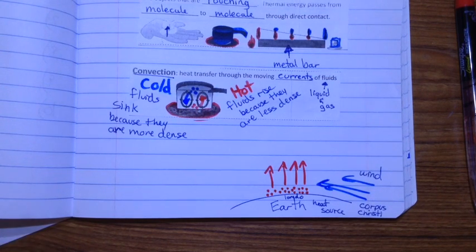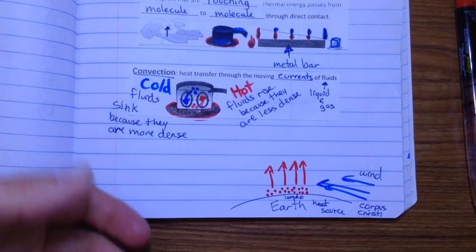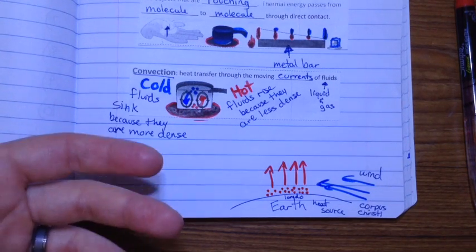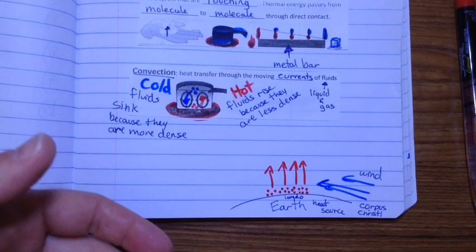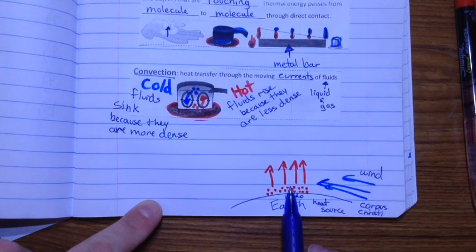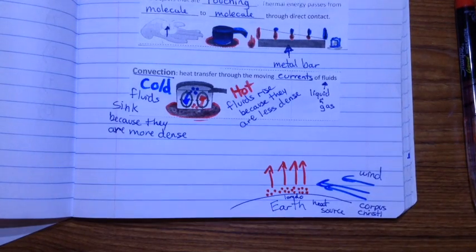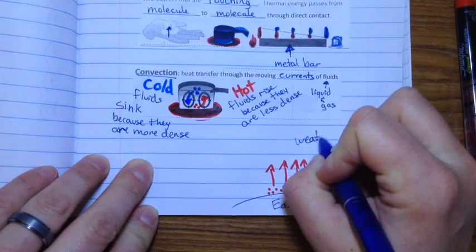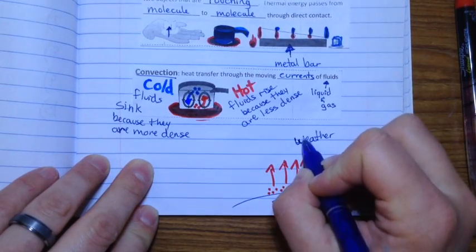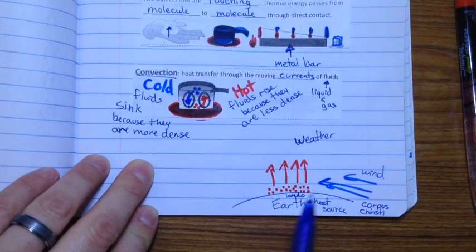So in the summertime here in Laredo, there's always a gentle breeze. The flags are always waving just a little bit because of this. That hot air is rising and we're always sucking in cool air because we are about the hottest place around. The weather is caused primarily by convection, the movement of hot and cold air.